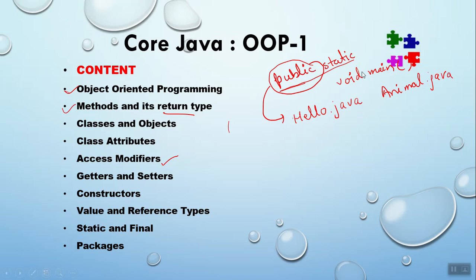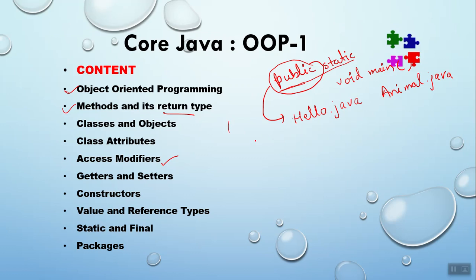These are the two classes, and public will allow you to access this method into this class, and vice versa. So public means it is accessible from anywhere.